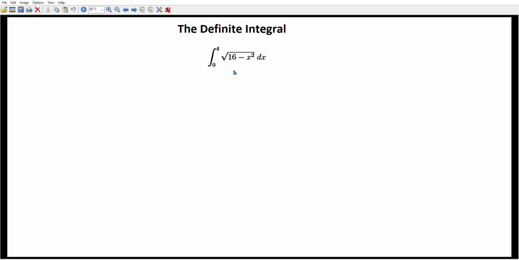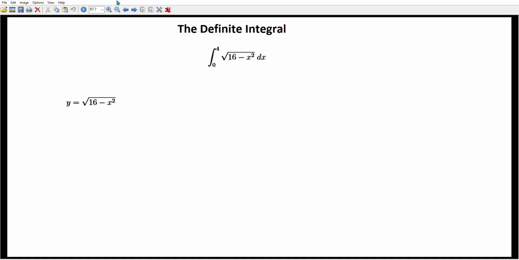expressions. So let's consider here the definite integral between 0 and 4 of the square root of 16 minus x squared. Now the idea here is to think about this as the area under the curve y equals the square root of 16 minus x squared between 0 and 4.